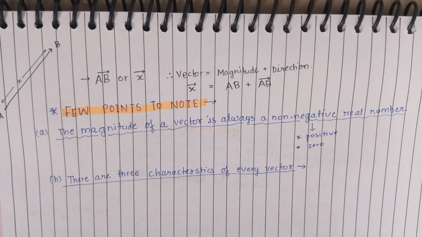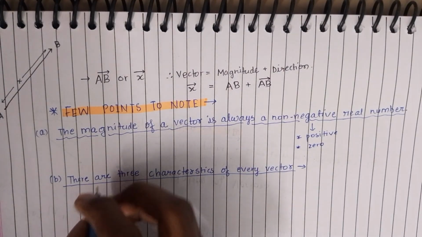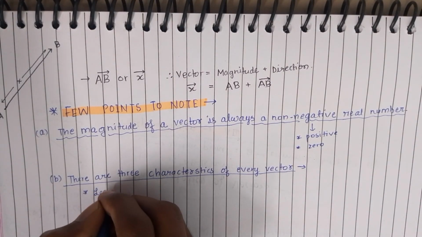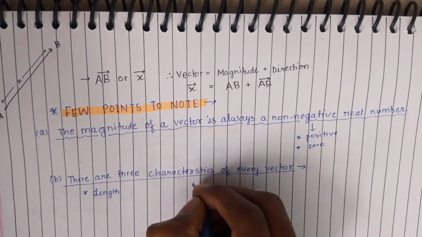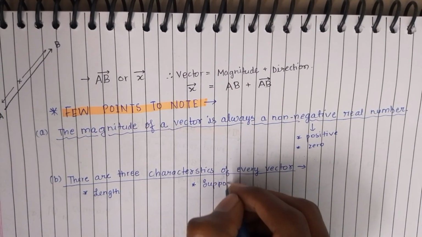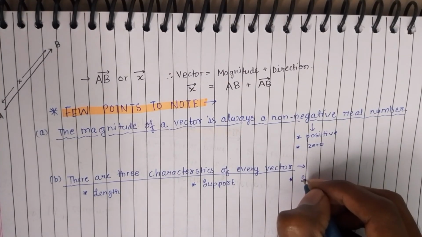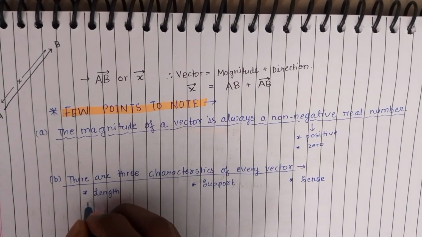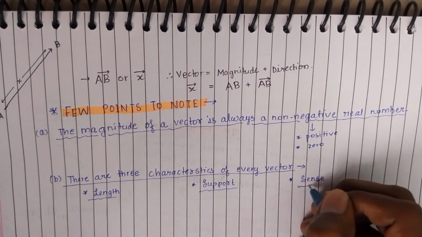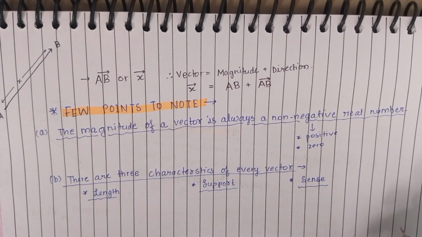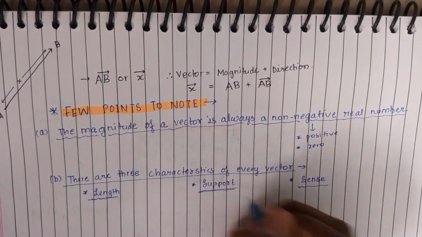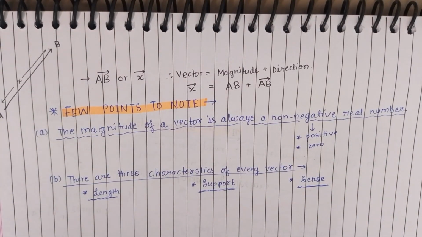By recognizing these identities or characteristics, we can say that this one is definitely a vector. First is length, second is support, and third is sense. Length, support, sense. It feels like Dora the Explorer. What do these three mean? Let's say the length of a vector will be denoted by modulus.